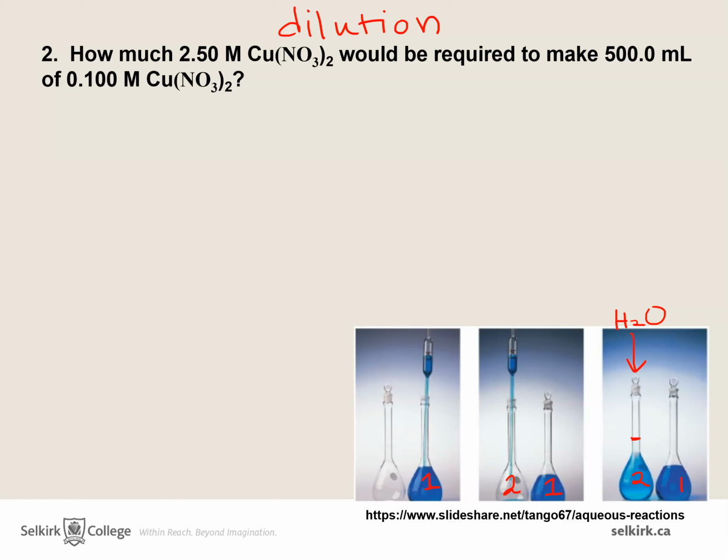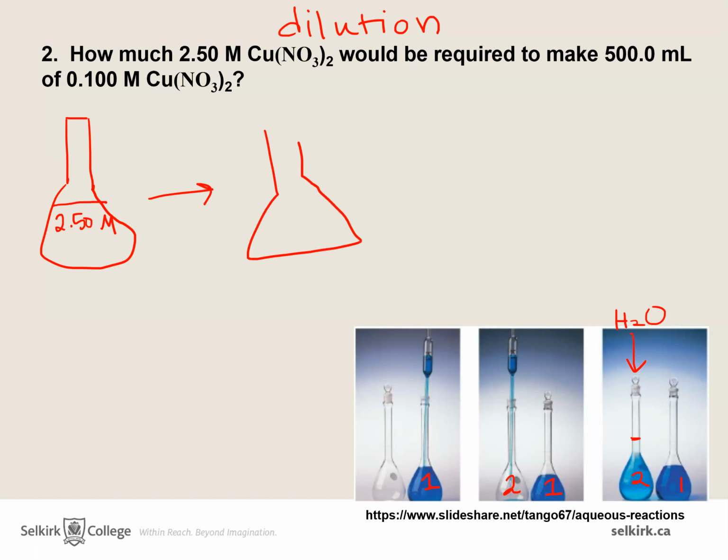How do we handle it in terms of a calculation? Another strategy I'm going to throw in that you might like, you can use, you don't have to. I find that when I have multiple things going on, I like to draw pictures that I label with the quantities. So the question says I start with 2.50 molar, and I'm going to turn it into 500 milliliters of 0.100 molar.